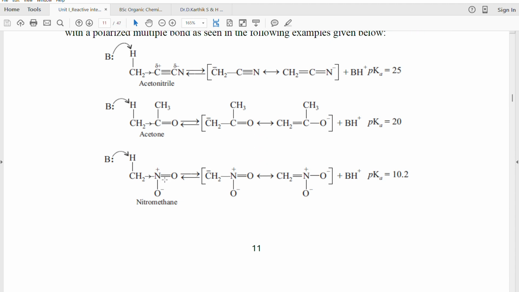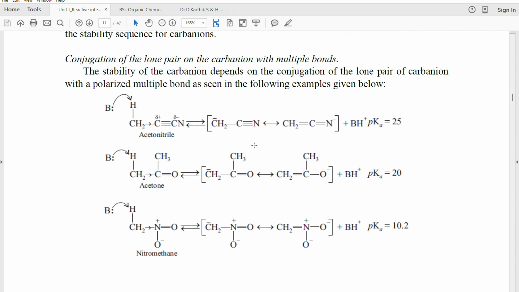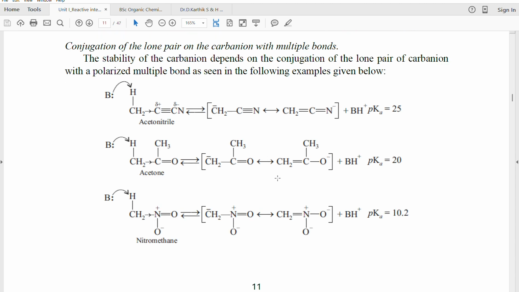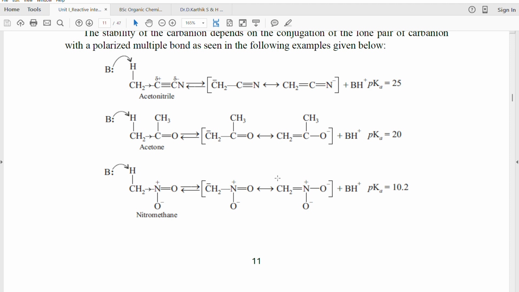Similarly for the nitro group, it produces the minus charge, and one of the bonds goes onto the minus charge. So this conjugation or lone pair of electrons will increase the stability of the carbanion.